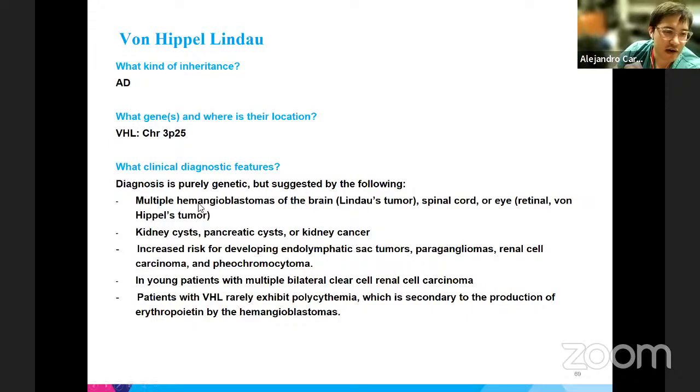It can have cerebellar hemangioblastomas, which were historically termed Lindau's tumor. It can also involve retinal hemangioblastomas, which were historically termed von Hippel's tumor, as well as kidney and pancreatic cysts, kidney cancer.